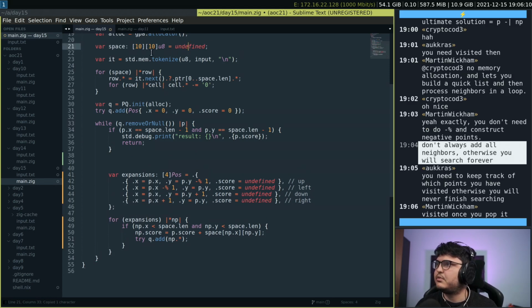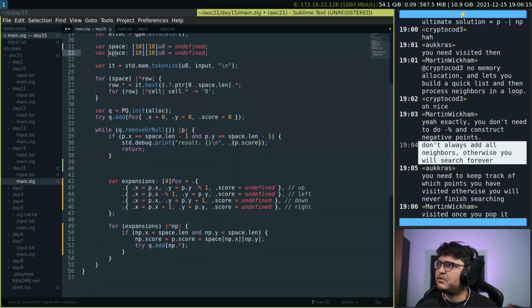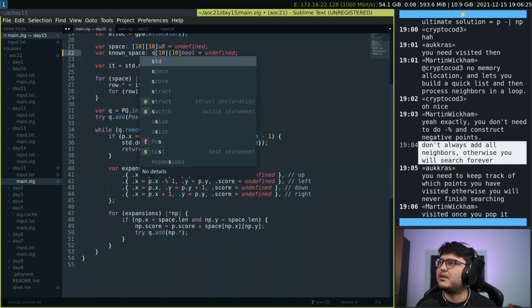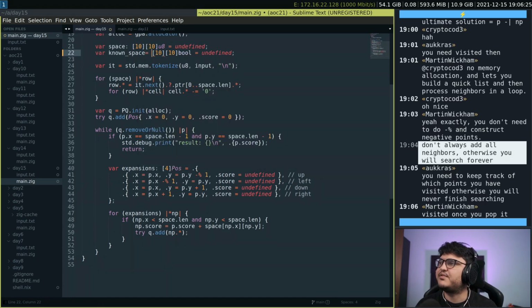So, known space. Wow, I'm such an artist. Bool, and we can make it like this. std.mem.zeros.